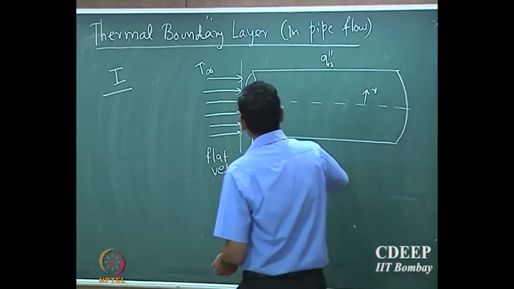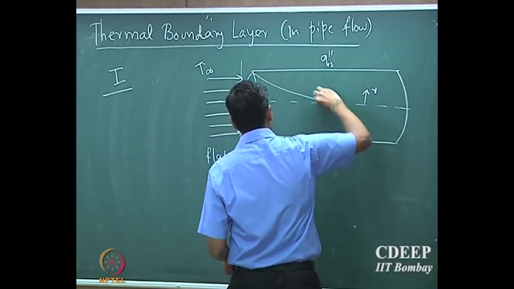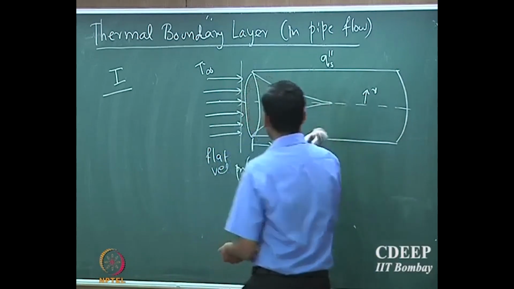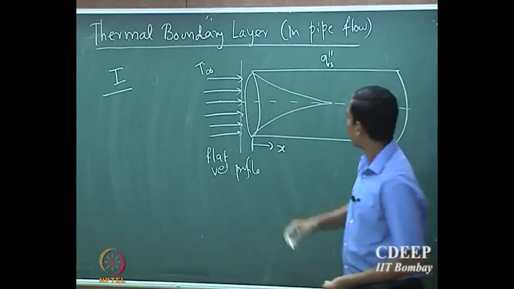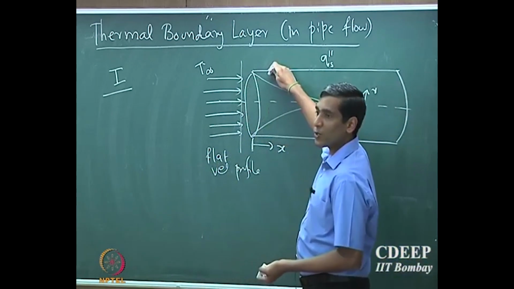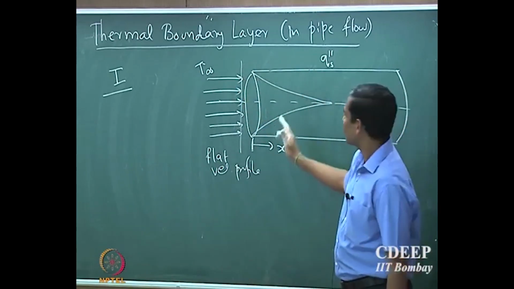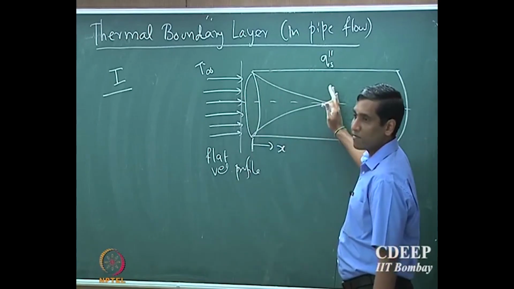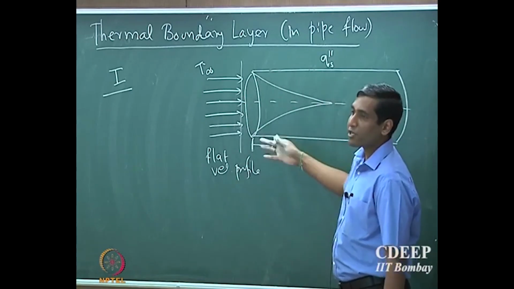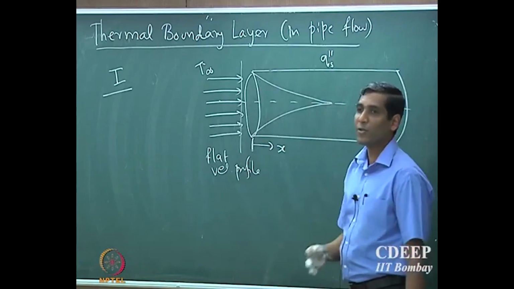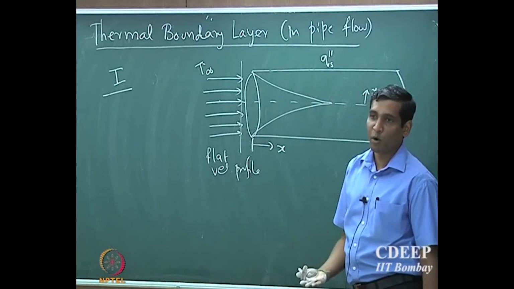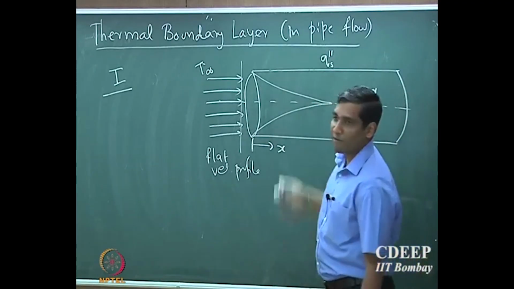Okay, so now similar to the momentum boundary layer, I'll also have a thermal boundary layer, where the effect of the surface is felt by the fluid as soon as the fluid enters the tube, and up to a certain location only a fraction of the fluid in any cross section is experiencing the presence of the wall or the heat transport from the wall.